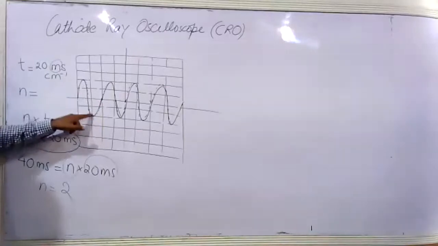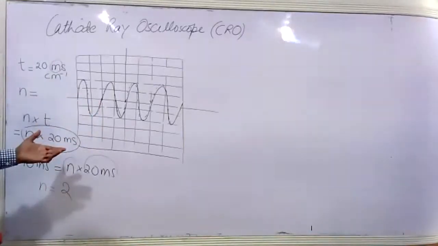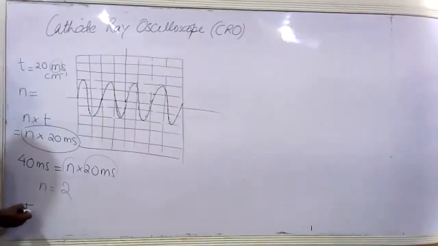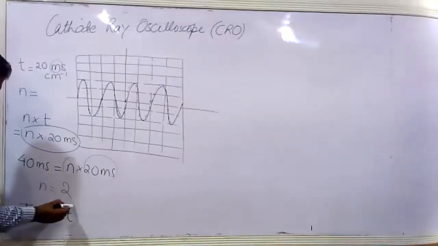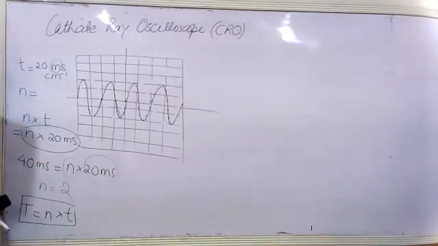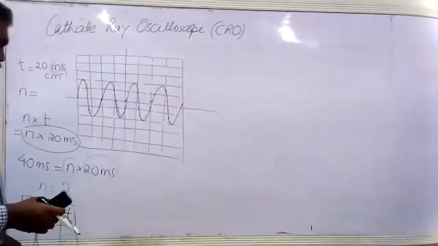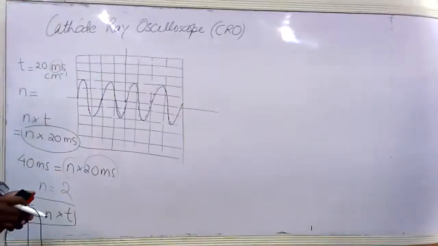So in 2 boxes, 1 wave is fitting in, and this we have calculated from the same equation which relates the time period to the number of boxes times the time-base setting. So this is the simple formula that gives us various useful quantities related to the features of this trace on the CRO screen.